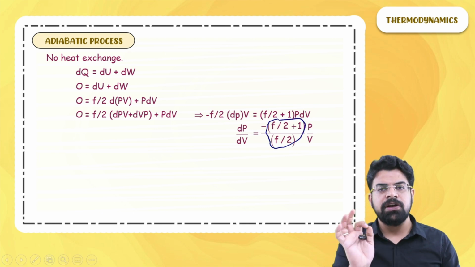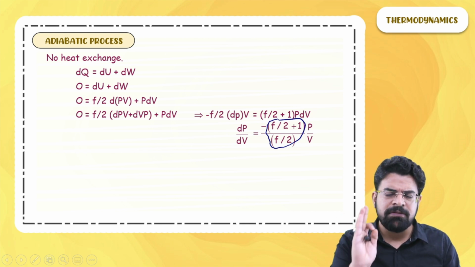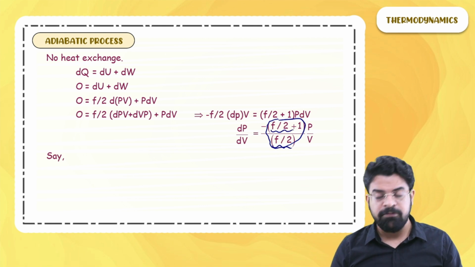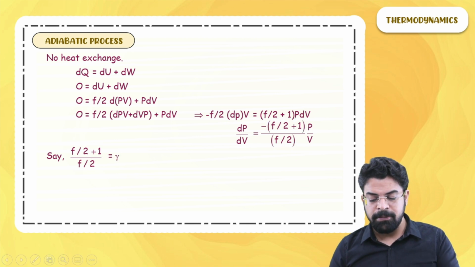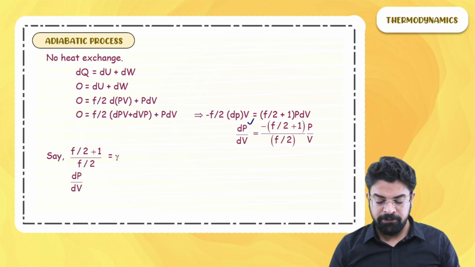So we have denoted a symbol for it. It's called gamma, which is nothing but Poisson's ratio. What is that? We will talk about it later. So in place of F by 2 plus 1 upon F by 2, we are writing gamma. So we can write dP by dV equals minus gamma P by V.